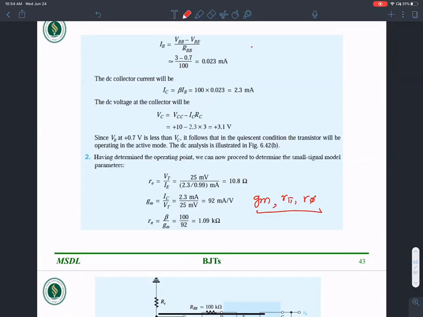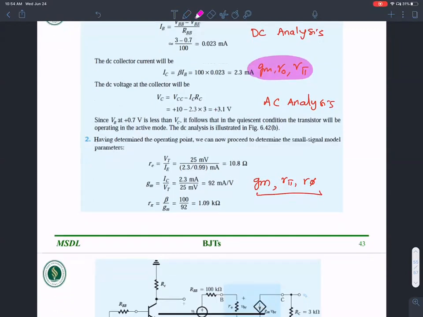Once you have done the DC analysis, before you can do the AC analysis, you have to find GM, R naught, and R pi. These quantities represent the union or marriage between the DC analysis and the AC analysis.